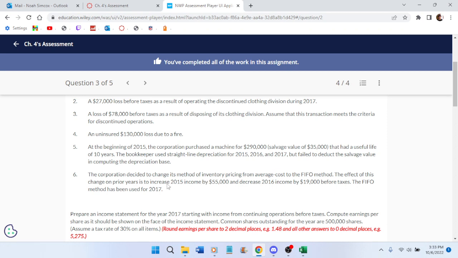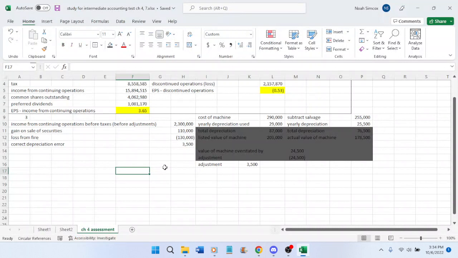Okay, number 6, it doesn't matter because it's already been adjusted. 2017, this is a red herring. They love giving you trick questions. This is just a nice trick question that they gave you so that they can make your life miserable.